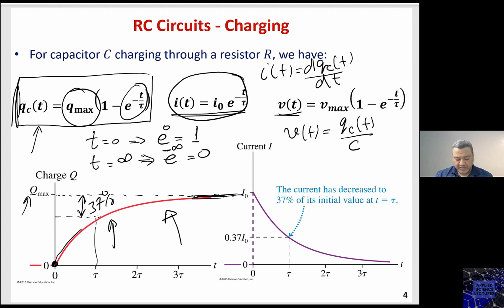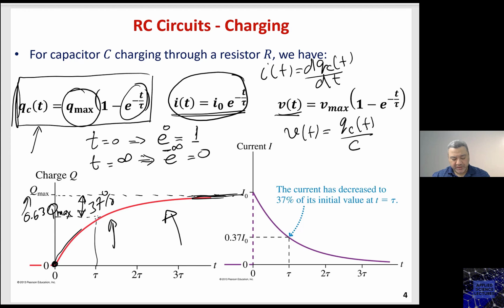It is 37% shifted, which means the Q at this point would be 63%, 0.63 Q max.